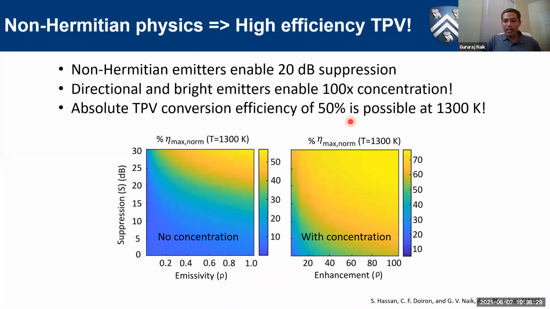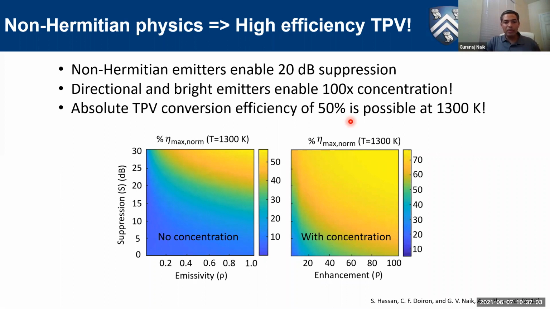So with that, I would like to conclude the first part of my talk: non-Hermitian physics is really interesting for getting a different perspective on how to design thermal emitters, because it gives us very powerful design parameters, that is symmetry, phase, and topology. With that, we could design thermal emitters that are directional, that have good suppression, and at the same time can achieve very high efficiencies in thermophotovoltaics, where even 50% should be possible with the system.